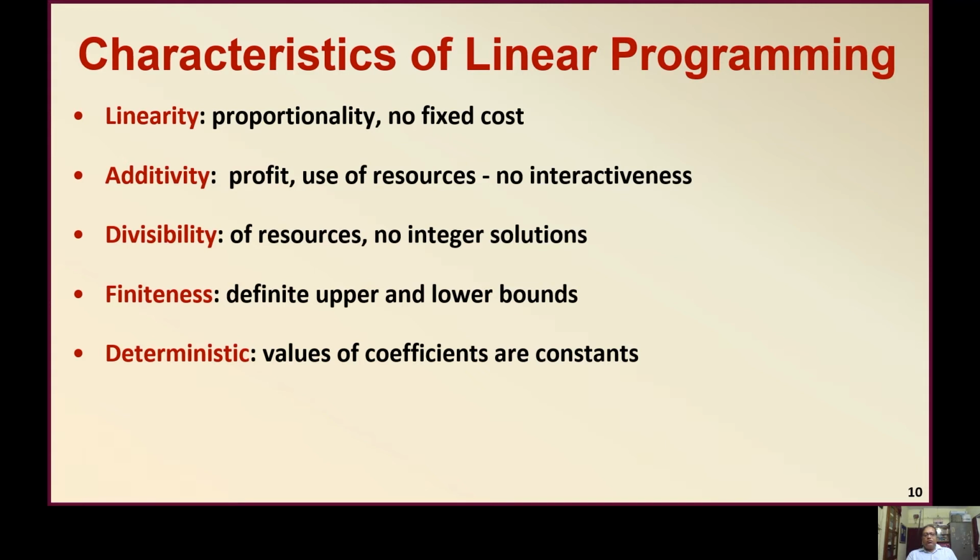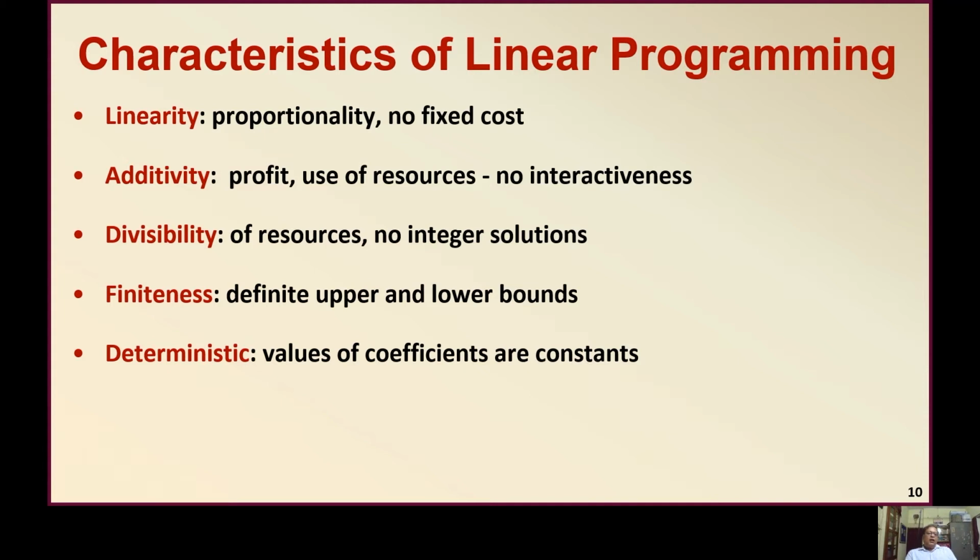Therefore, we have to have what are known as integer solutions. These integer solutions cannot be obtained using the standard simplex procedure that we normally use for solving linear programming problems. We have to have special methods such as the branch and bound methods or integer linear programming methods if the divisibility assumption is to be relaxed.